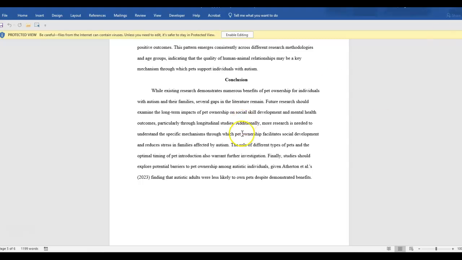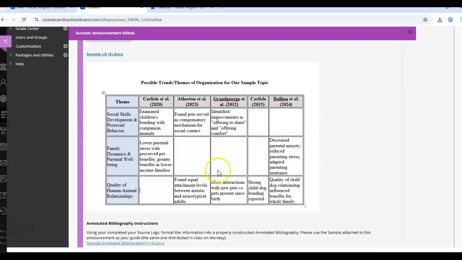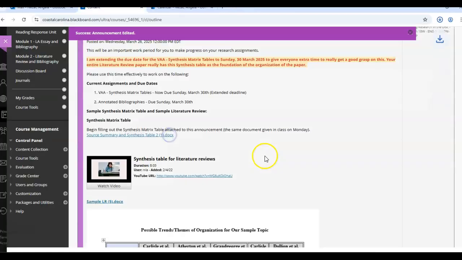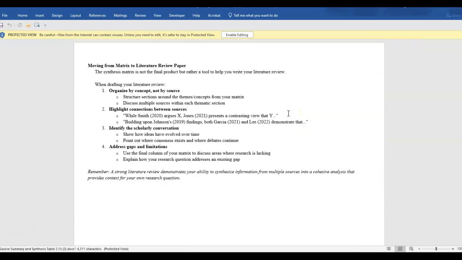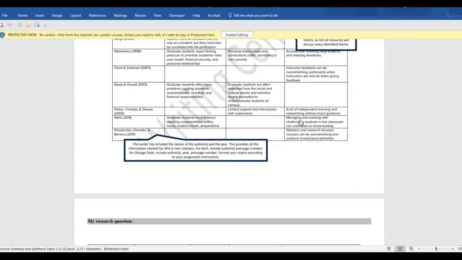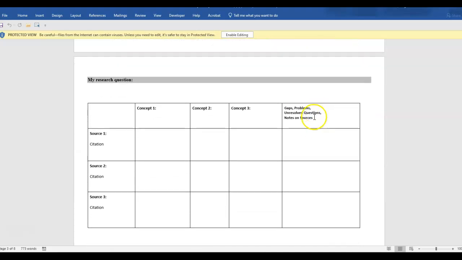Okay, and that is when you're looking at your, let me go back to the matrix table. When you're looking at this other column over here, you can add as many concepts as you want, but ultimately you want to try to combine your concepts into 3 or possibly 4 at the most.